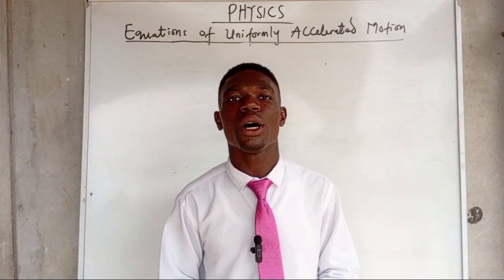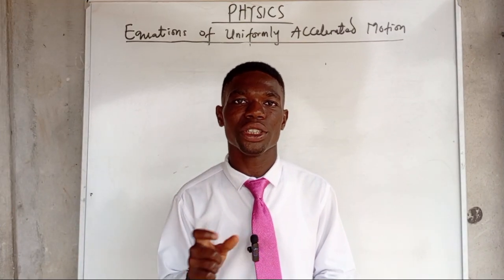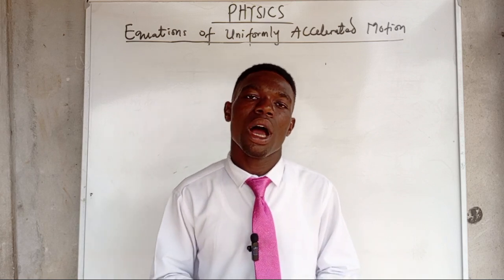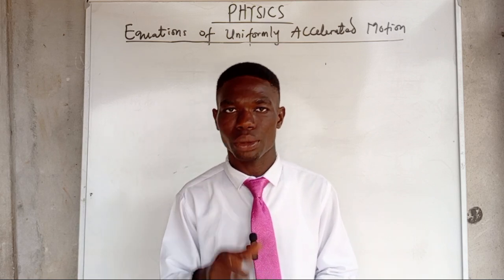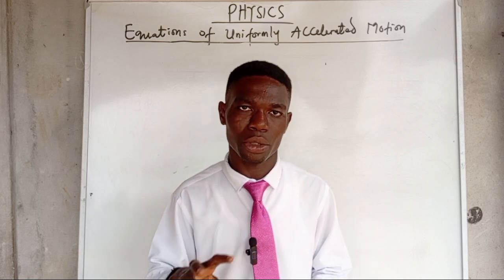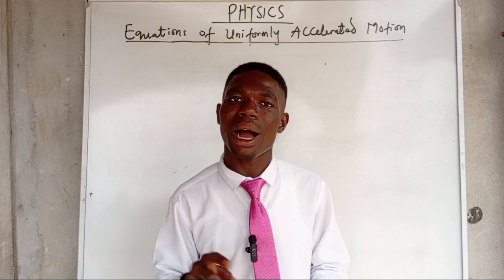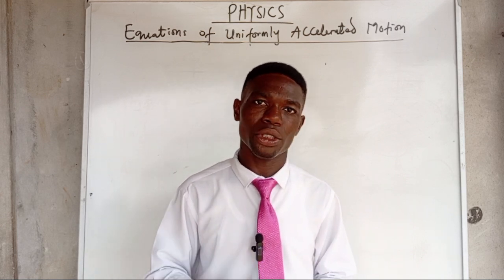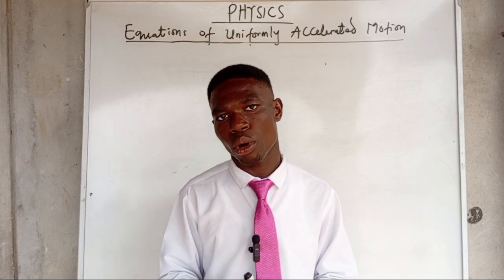All right. Now we are going to look at how to derive the equations of uniformly accelerated motion. And I want you to know that there are 3 major equations of uniformly accelerated motion. However, I'll add one more because in some textbooks they have 4, but there are 3 major ones, and in the course of deriving them, we're going to get the other one.